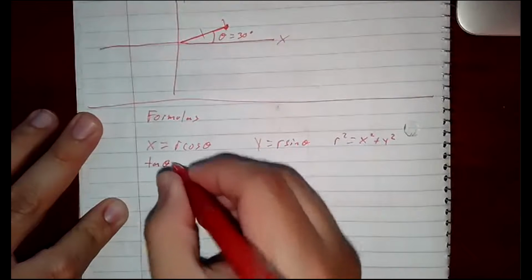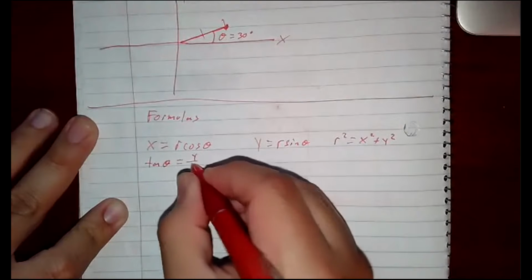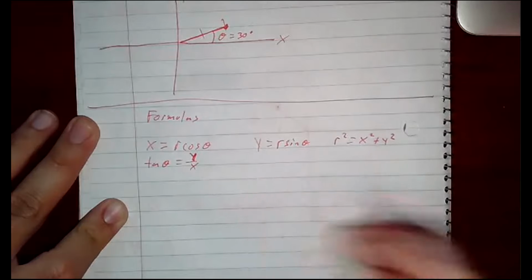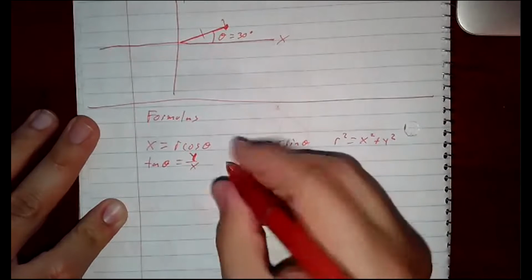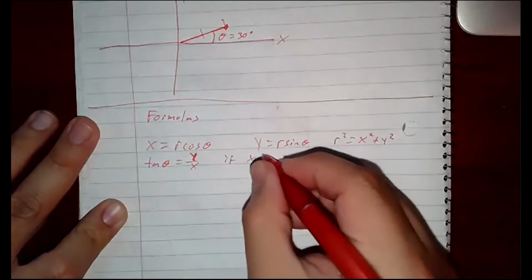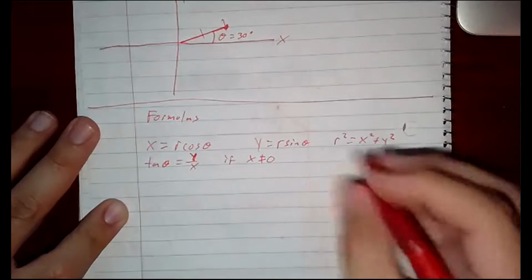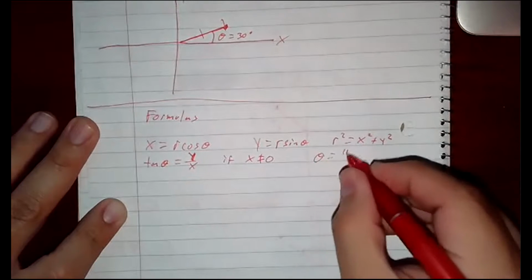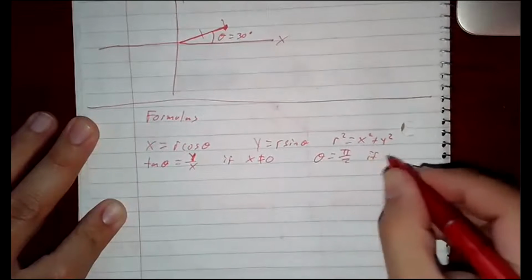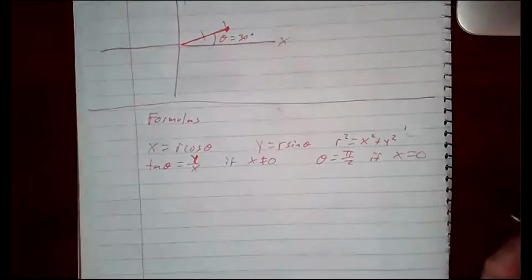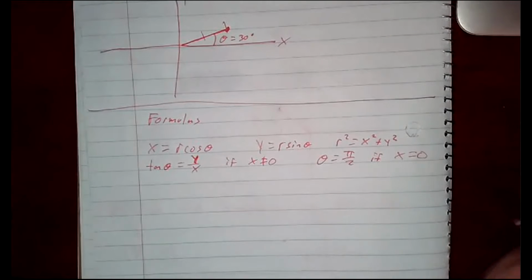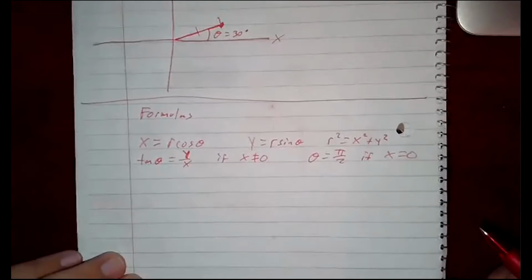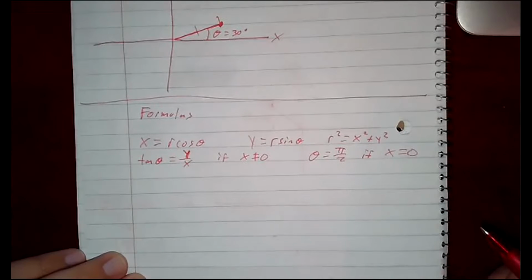Tangent theta is equal to y over x, assuming that x is not 0, right? Theta would be equal to pi over 2 if x is 0. All right.